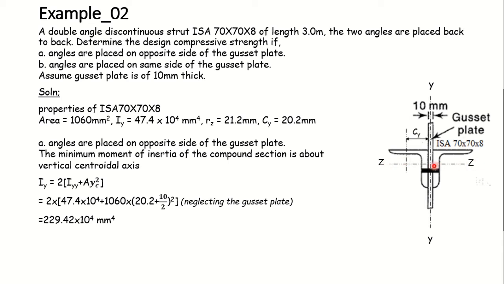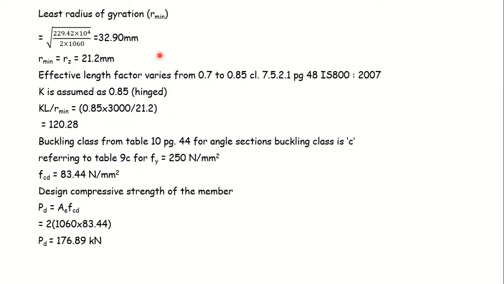In this case the centroidal z-axis of the entire compound section will coincide with the centroids of the individual angles, so rz will be simply Iz by A. Knowing this, we concluded that the minimum radius of gyration is about the z-axis.